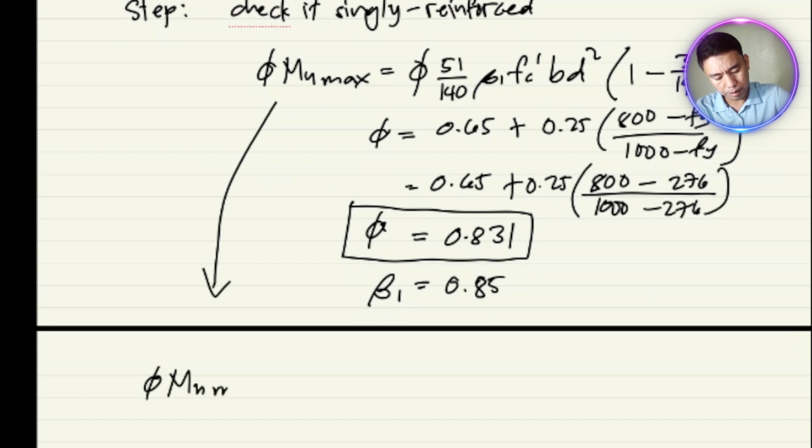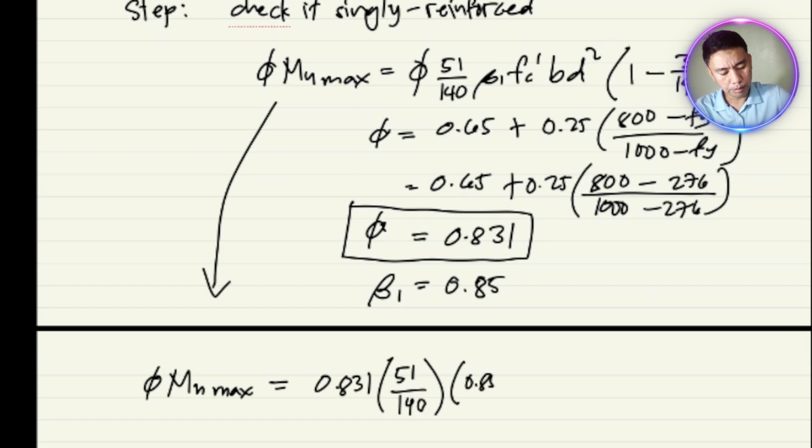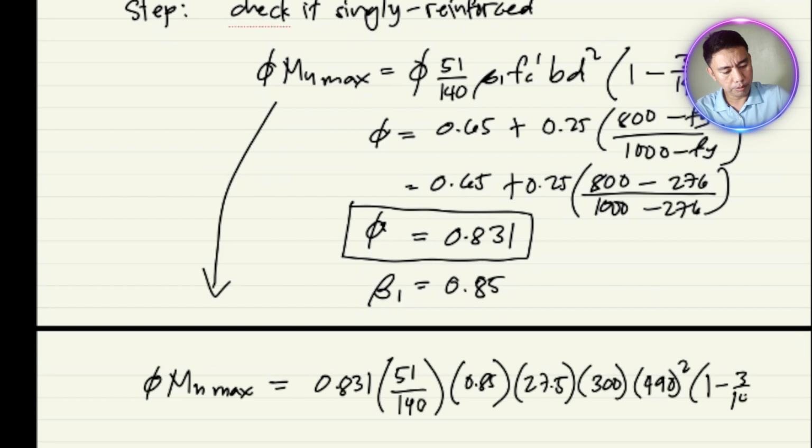Phi Mn max is phi, which is 0.831, times 51 over 140, and then beta 1 is 0.85, our fc' is 27.6, multiplied by b, which is 300, and 490 squared, times 1 minus 3 over 14 times beta 1 of 0.85.